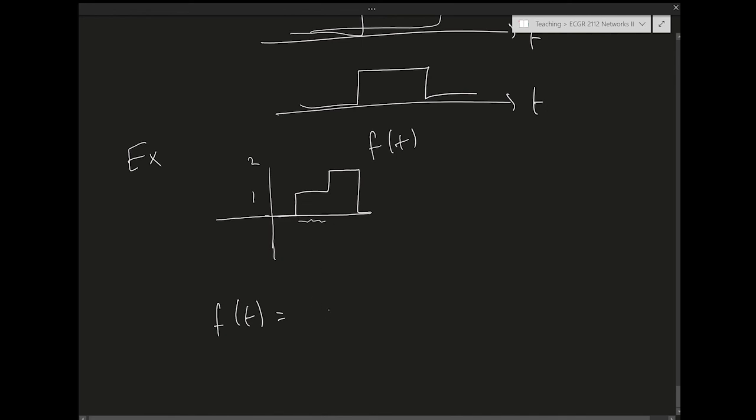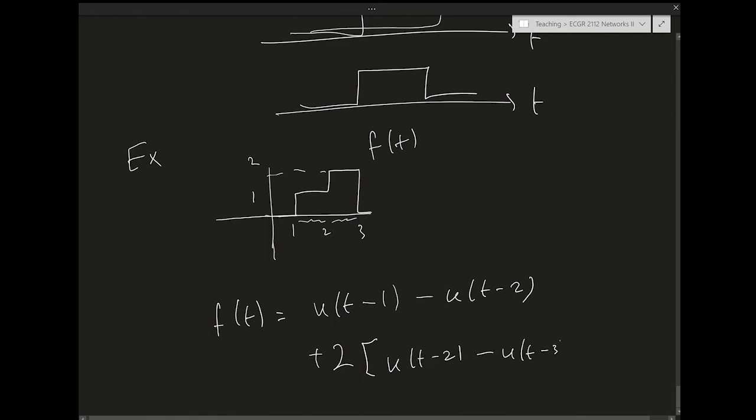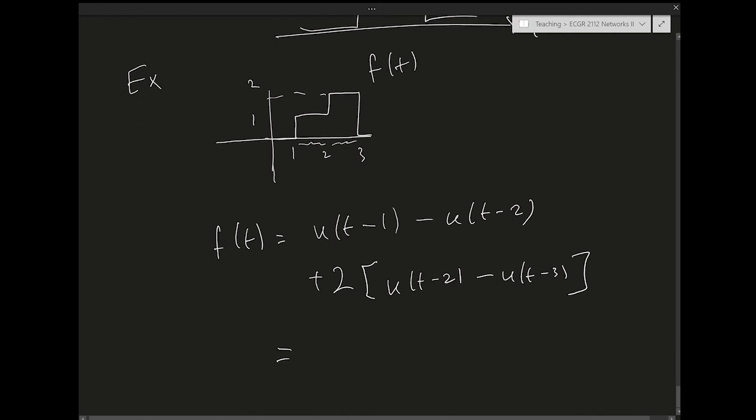So this is u of t, this is 1, 2, 3. So this is u of t minus 1 minus u of t minus 2, right? But there's also a pulse here, but this is scaled by 2. So this is plus 2 times u of t minus 2 minus u of t minus 3. So you should be able to look at any waveform such as this and construct it from the Heaviside step function.